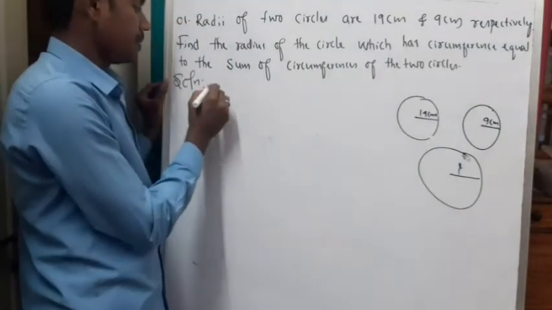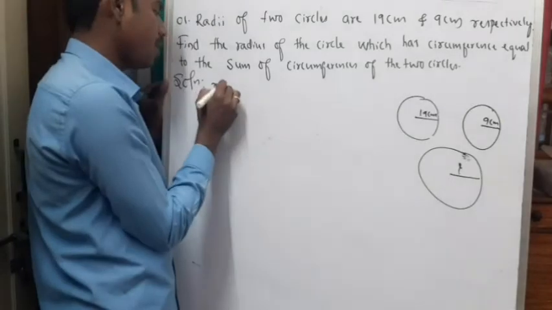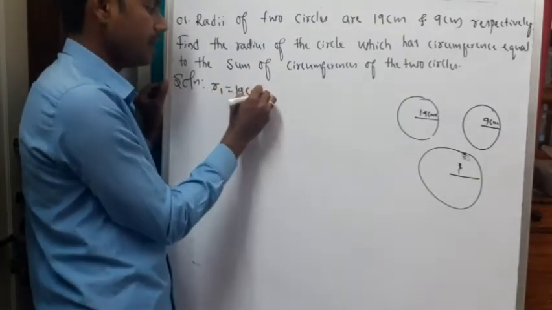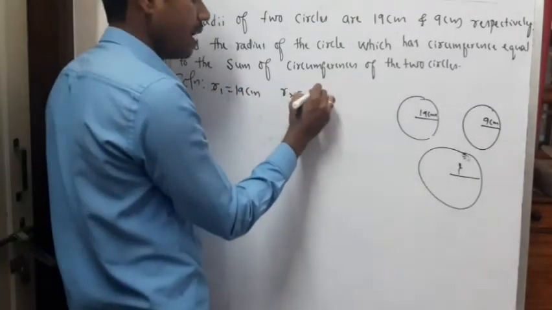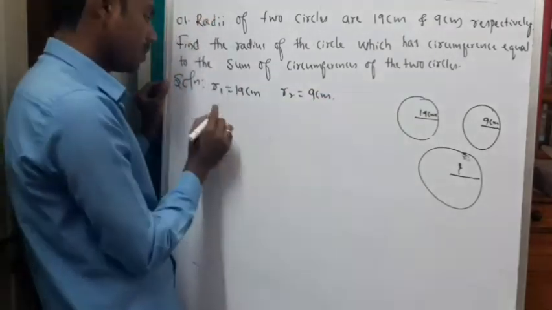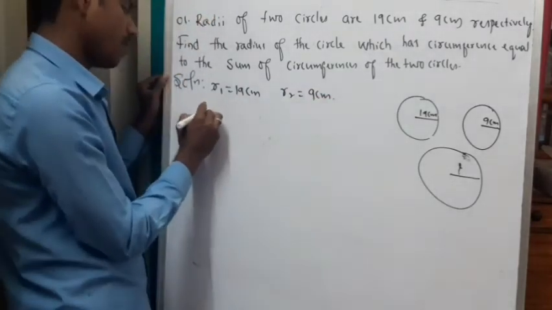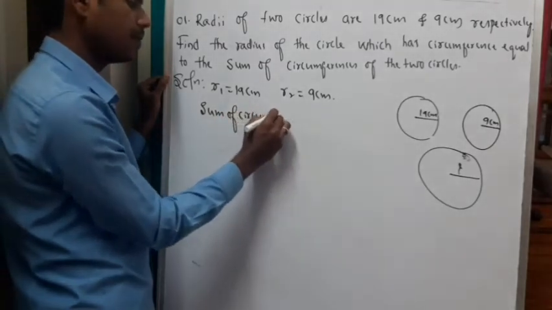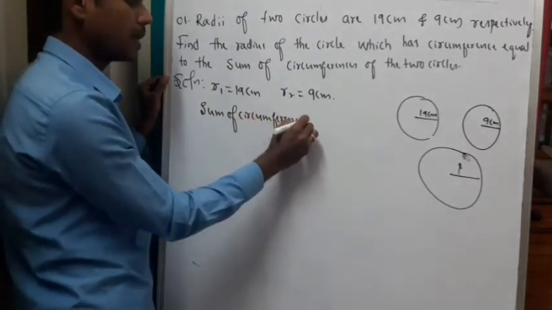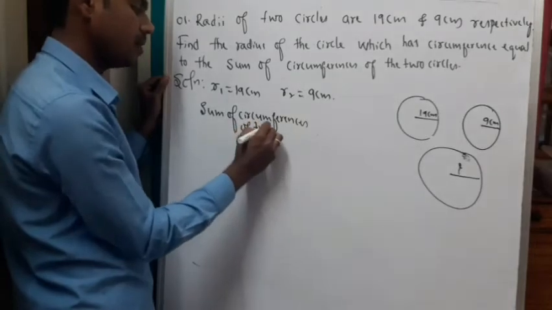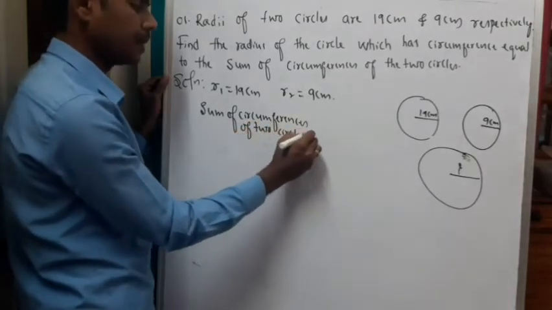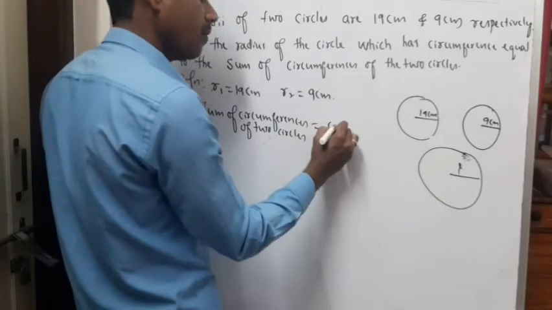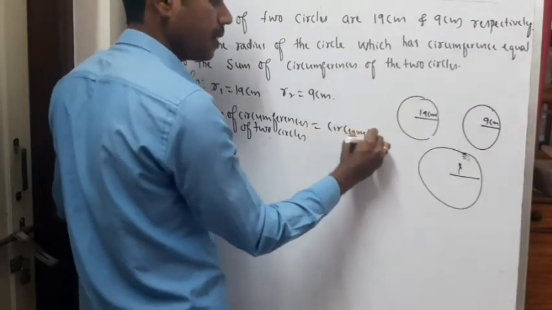So how will we get that particular radius? See, we'll call R1 is given, that is 19 centimeter, and R2 is given, that is 9 centimeter. So what is given? Sum of circumference of two circles is equal to circumference of new circle.